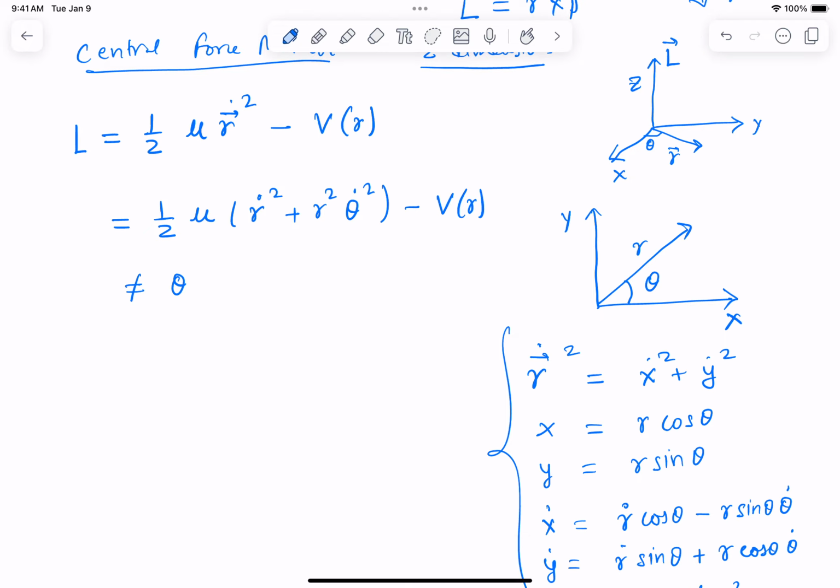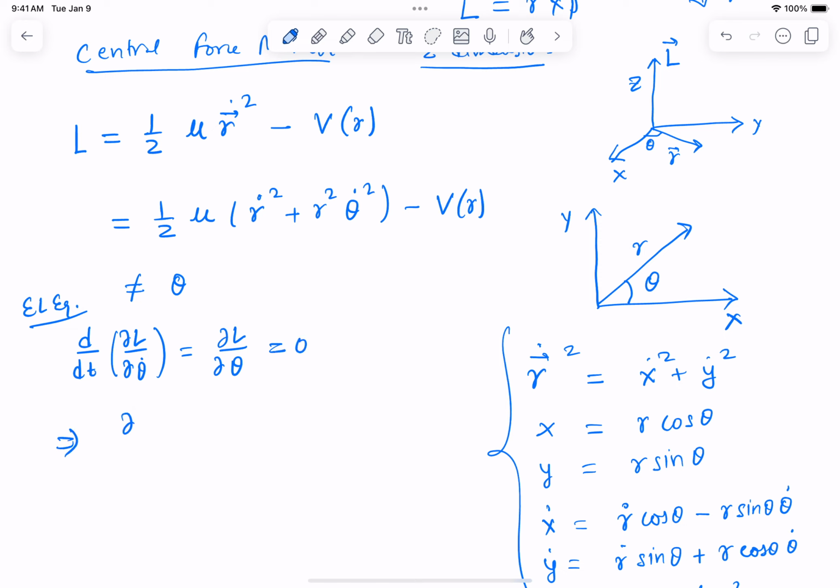So since it does not depend on theta, using again the Euler-Lagrange approach, d by dt of del L by del theta dot would be equal to del L by del theta, where this is our Euler-Lagrange equation. And because the Lagrangian does not depend on theta, del L by del theta is equal to 0, which means that del L by del theta dot equals a constant.